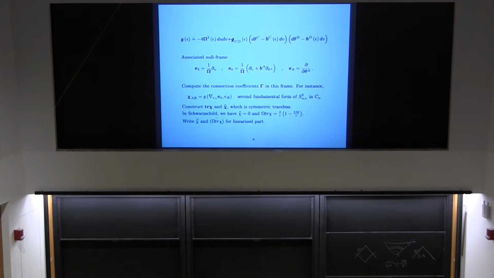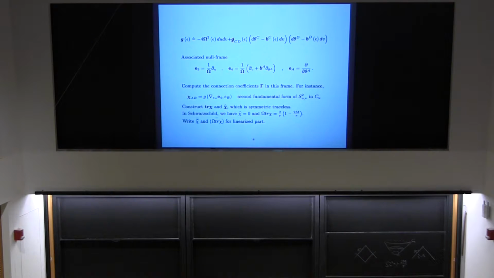Now, let's use this. If you look again at the metric in the u, v, theta 1, theta 2 coordinates, then it turns out there's still residual coordinate transformations, so changes of u, v, theta 1, theta 2 coordinates, which preserve this double null form of the metric.